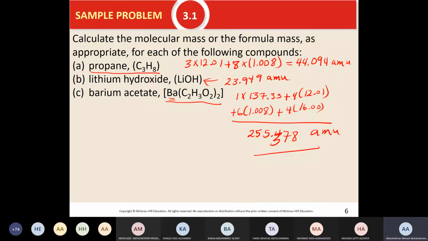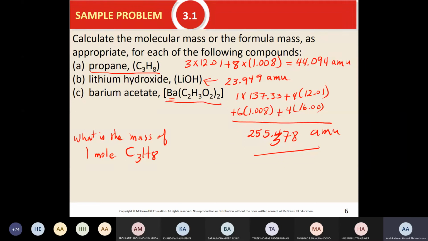Yes. Good. Now, I will define another unit that I'm going to use exactly when I say 1 mole of anything. Then I want to know for 1 mole, what's the mass? What is the mass of 1 mole of C3H8?